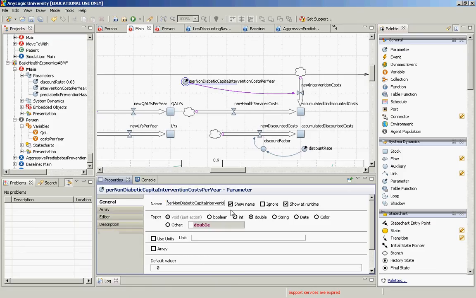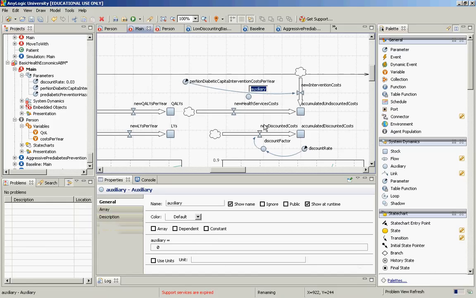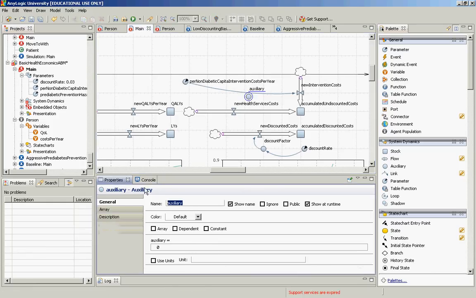Now there's then a cost borne per year, and that depends on the population size. So intervention costs per year is in fact now a dynamic quantity. And on what is that dynamic quantity going to depend?